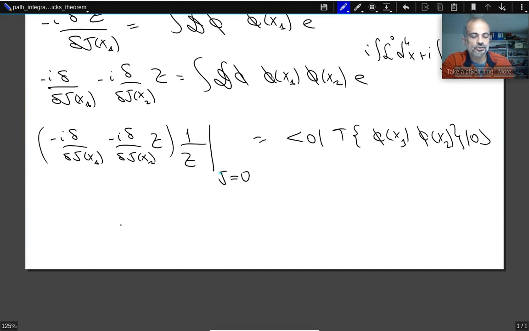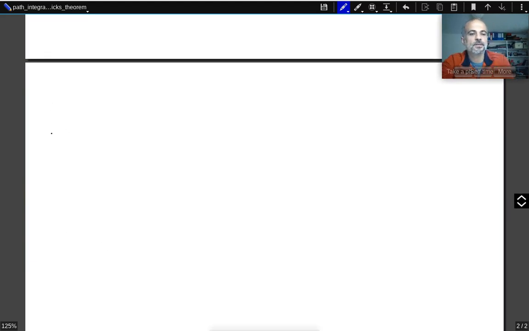Now to calculate Z of J, well, let me first write it explicitly. Since I'm doing the scalar field, the L0 Lagrangian density is L0 is 1/2 (del mu phi) squared minus 1/2 m squared phi squared.